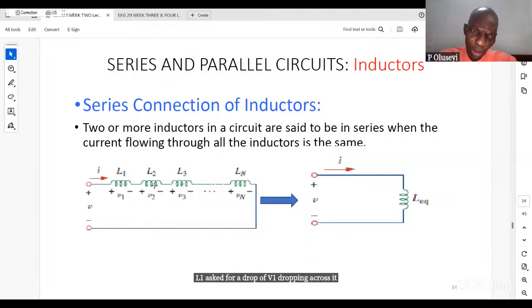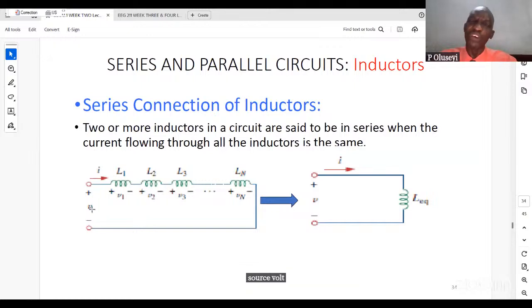L2 has a voltage drop of V2 across it. L3 has a voltage drop of V3 across it. If you have n inductors, each of them will have its own voltage drop, just like each resistance has its own voltage drop. So the total voltage drops, when you add them together, will be equal to your source voltage.